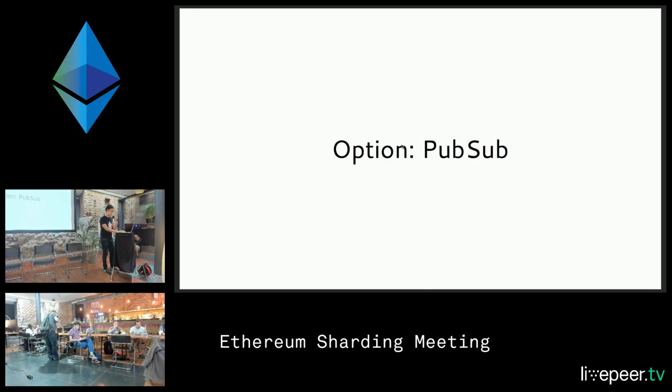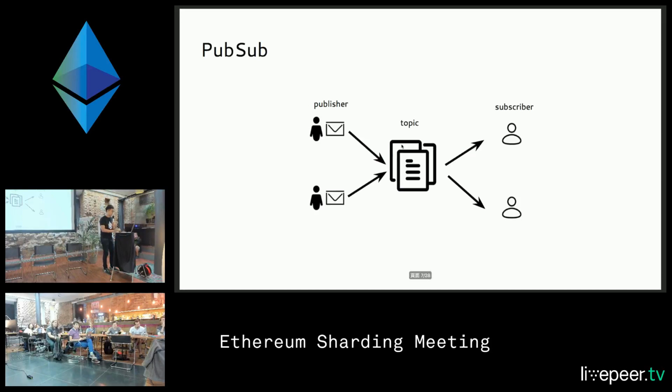So one of the options we're considering is pubsub. Pubsub is basically a way for a subscriber to subscribe to a certain topic, and a publisher can publish some data to that topic, and the subscriber will only receive the data of the topic they subscribe to.